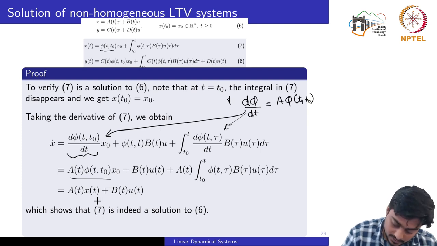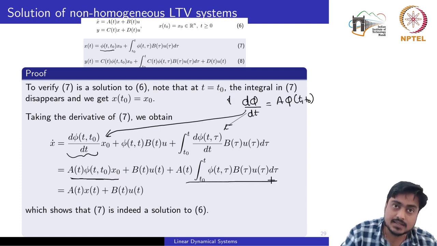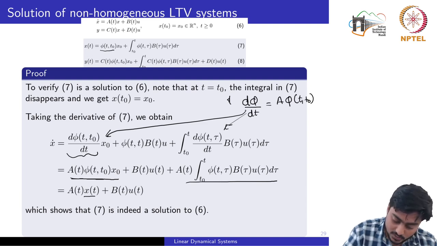Now if we take A of t common from this term and this term, we would have phi t comma t naught x naught plus this part, and basically this is the solution x of t, right? So we could replace this whole term by x of t. So we have x dot is equal to A of t into x of t plus B of t into u of t, which is this one.